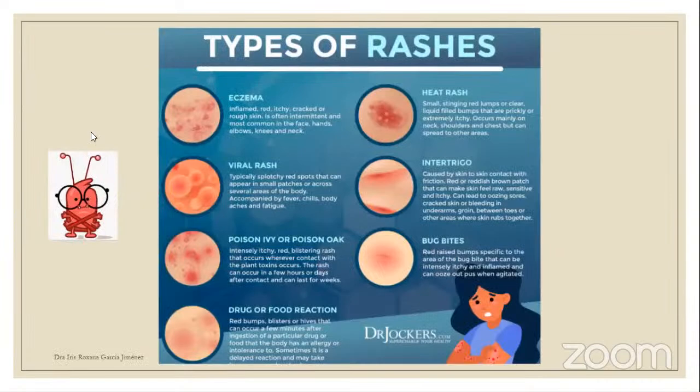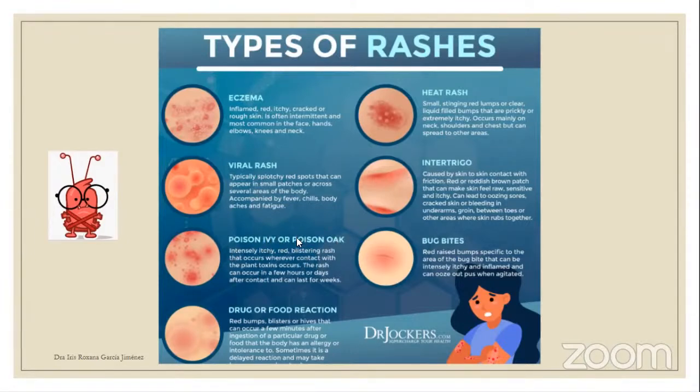Then we have, for self-study, the eczema and the explanation of how this structure is. We have the viral rash, typically splotchy red spots that appear in small patches or across several areas of the body, right? Then we have the poison ivy or poison oak.